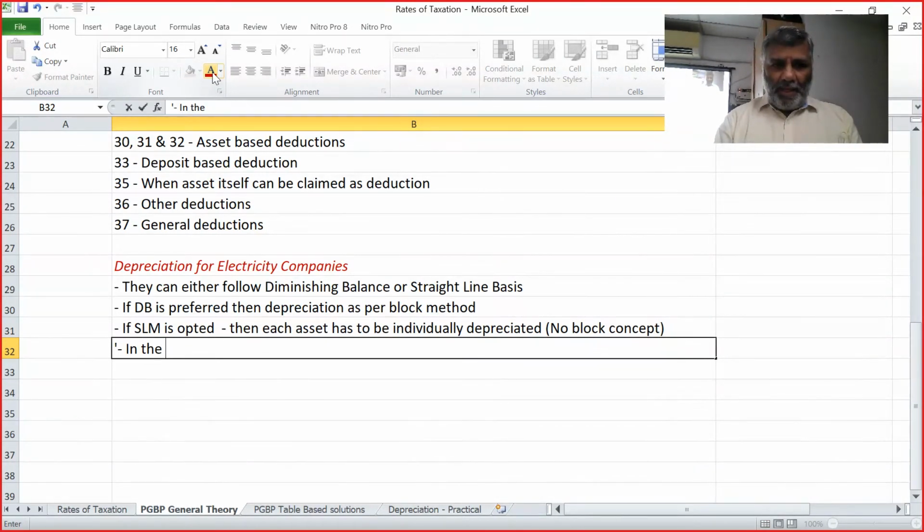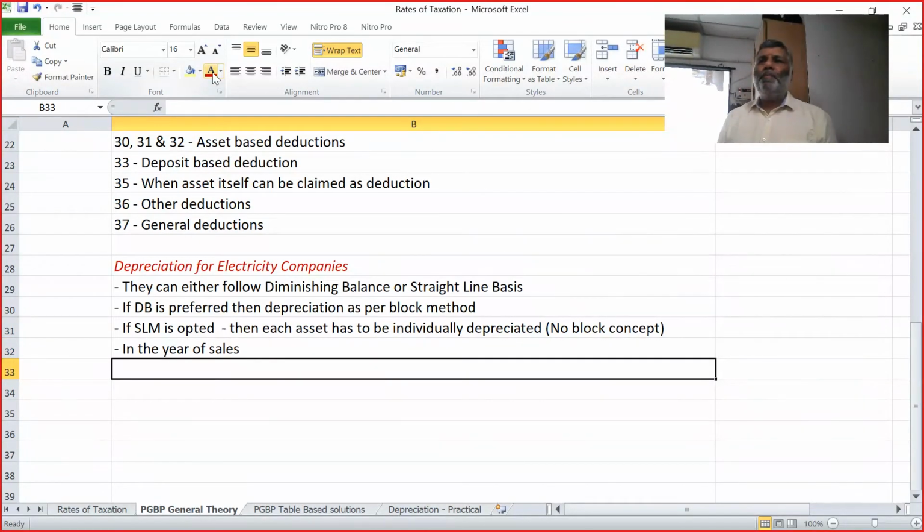In the year of sale, suppose an asset gets sold, it is not that the block ceases to exist.